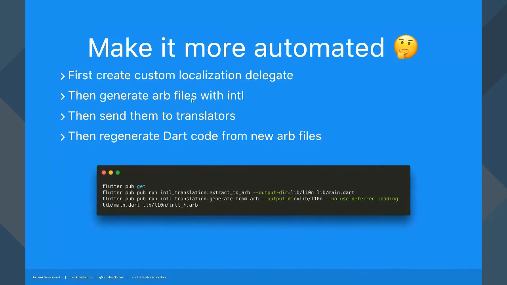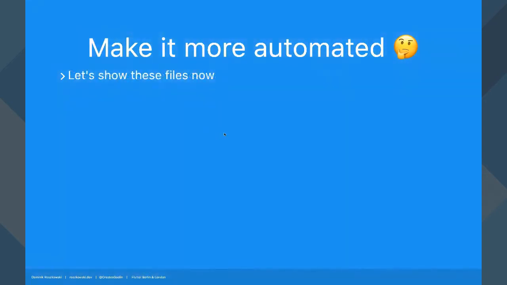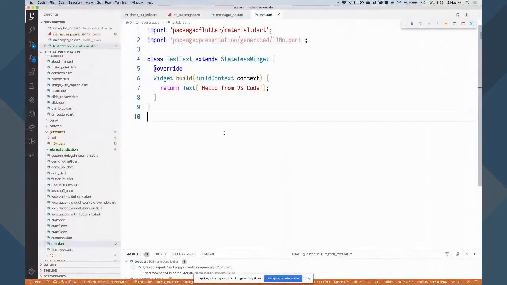And when you have your ARB files, you can just import them to your Flutter project and regenerate Dart code with this third command, generate from ARB, and this will generate all the necessary translation files. But I think that this slide is not clear enough, so maybe let us move to VS Code and see for ourselves how it's actually done.